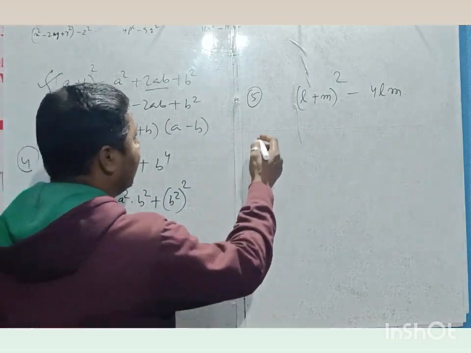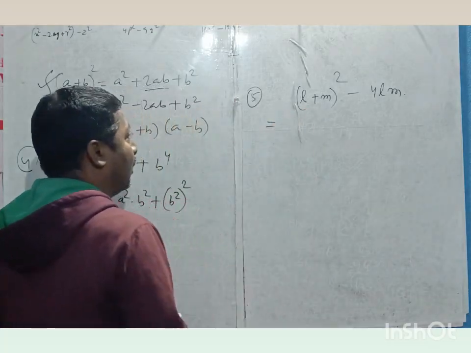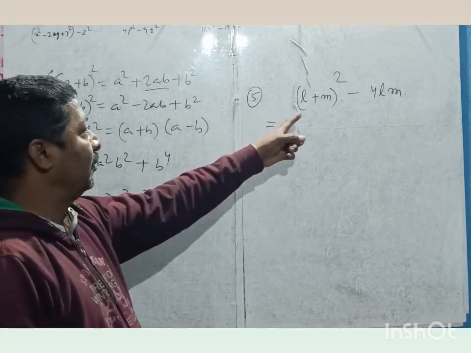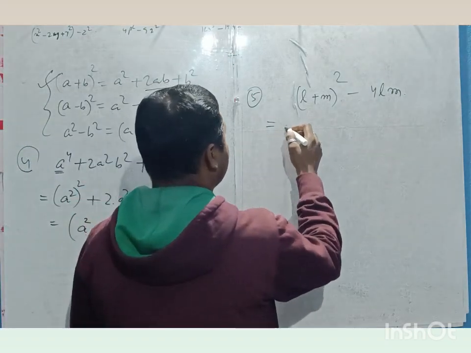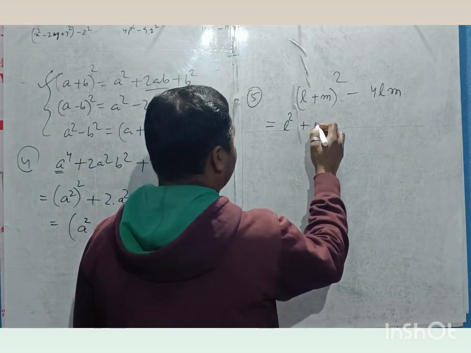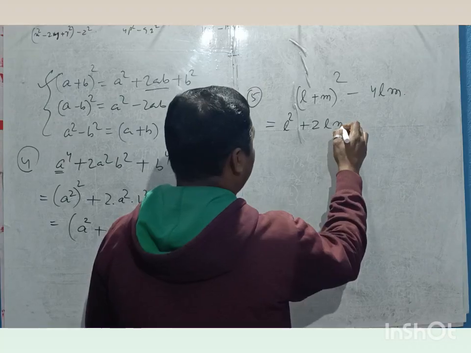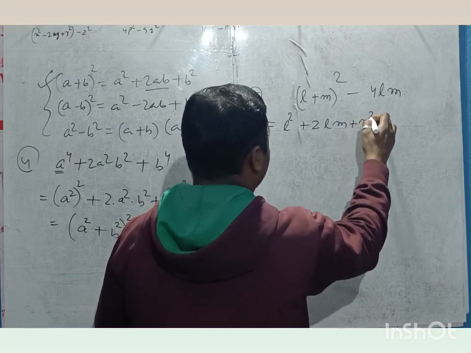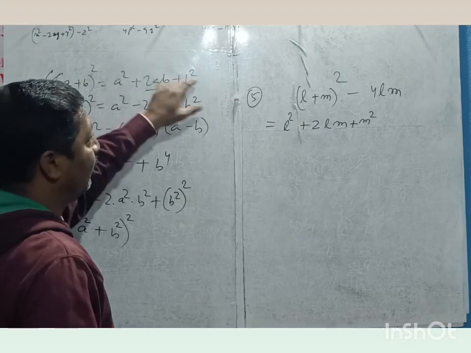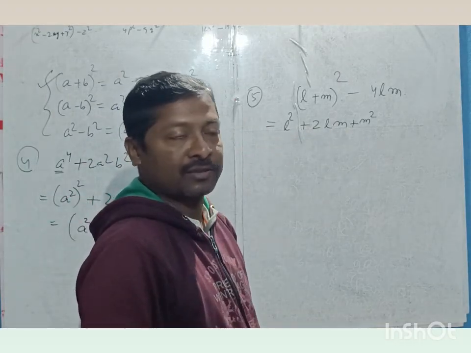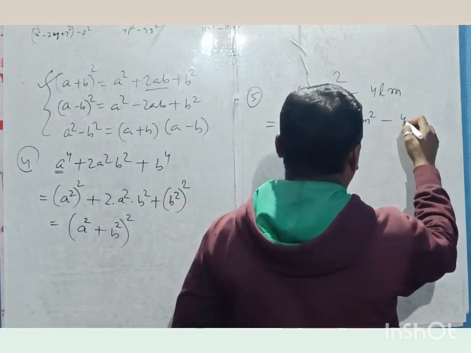So (a + b)². Now let's write down the value of (a + b)²: a² + 2ab + b². I am writing this form into this type of expression.